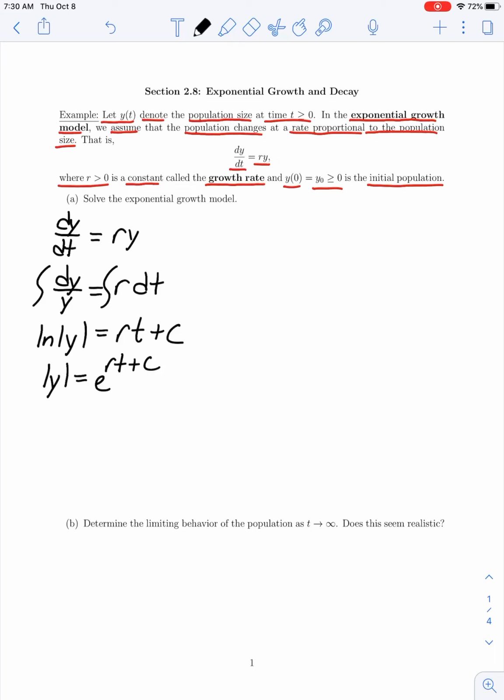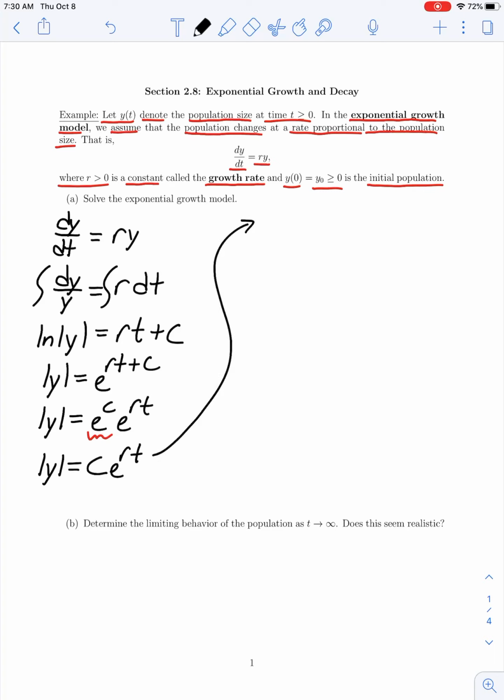As we had seen in our section on separable differential equations, we can rewrite the right-hand side using properties of exponentials as e to the c times e to the rt power, where this e to the c term, since c is an arbitrary constant, is just some new arbitrary constant. So I can write this as the absolute value of y is equal to some constant, let's just call it c again, times e to the rt power.